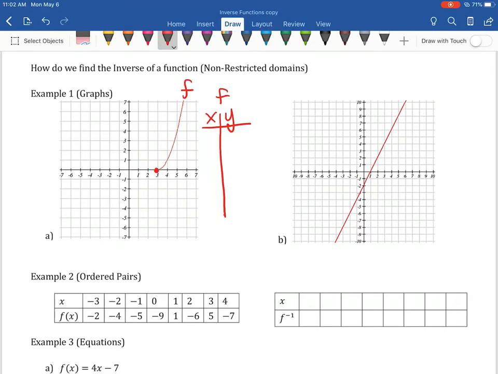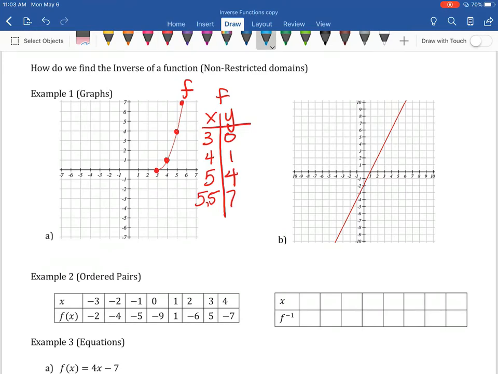So I'm going to pick some points on here. Here are some points. So we have the point (3, 0). We have the point (4, 1). We have the point (5, 4). And we have the point about (5.5, 7).